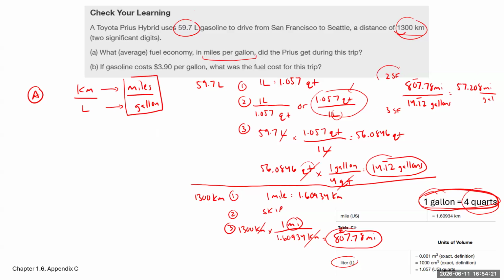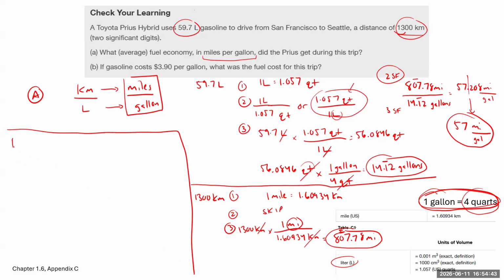But we need two sig figs. We're going to cut it off here. So this should be 57 miles per gallon, right? All right. That's a long one.